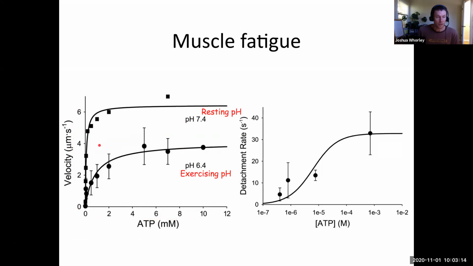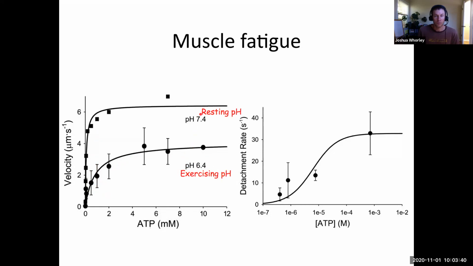And what I hope you can notice from this, right, is that at the same ATP concentration, there is an enormous difference in shortening velocity across all ATP concentrations, right, when the pH of the muscle tissue is acidic.